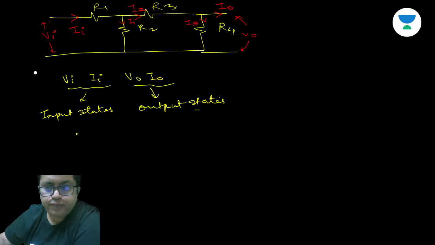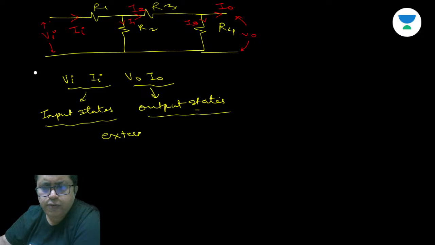These are available outside the circuit, that means the outer part of the circuit, so these are called external states.